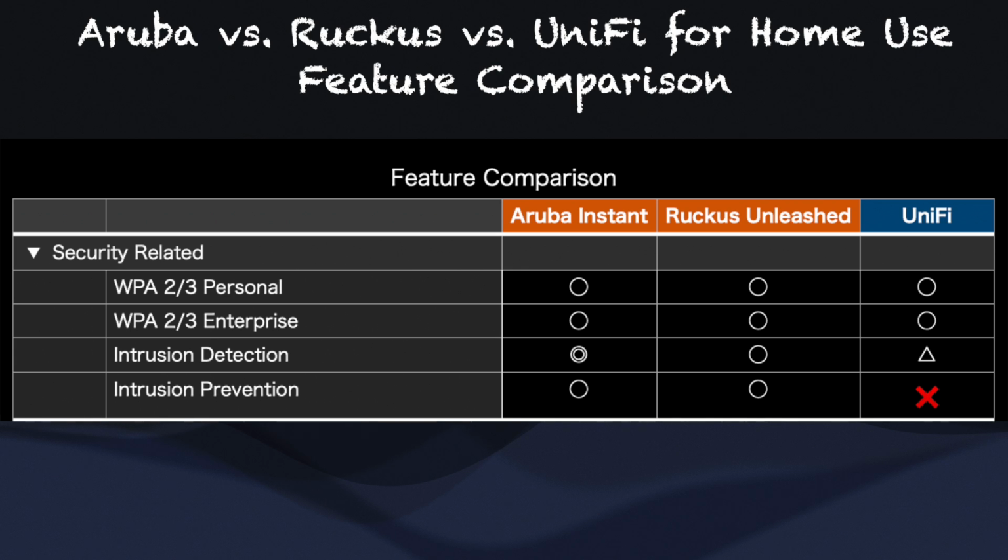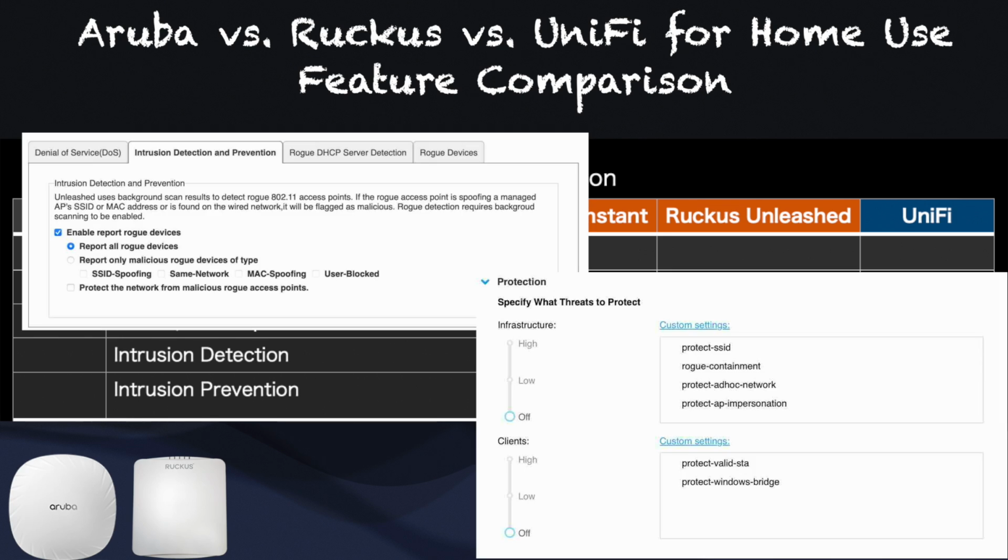Another layer of Wi-Fi security involves detection and possible protection against specific types of wireless security threats and risks. Some of these include access point spoofing, DHCP spoofing, and many others that I have no clue about. As far as I know, UniFi can detect rogue access points, but not anything else. In contrast, Aruba Instant and Ruckus Unleashed not only detect rogue APs, but also offer an option for containment.